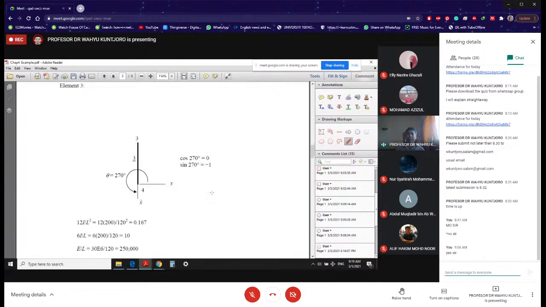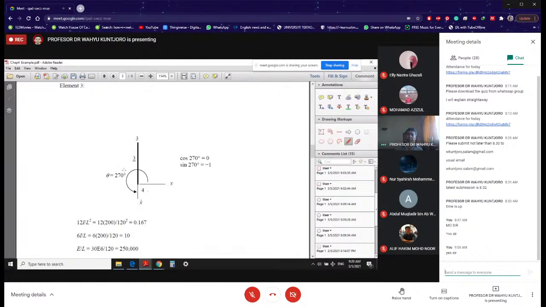For element number 3, number 1 thing that I have to do, I need to decide local x-axis. So I decide the direction is from node 3 to node 4, from 3 to 4. That's the reason why x positive local is going down. Not going up, but it's going down. And theta is measured from x positive global to x positive local.